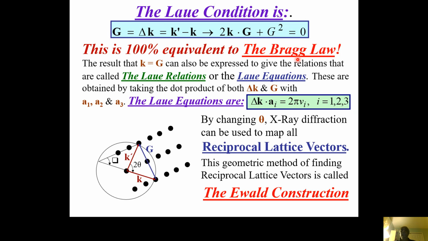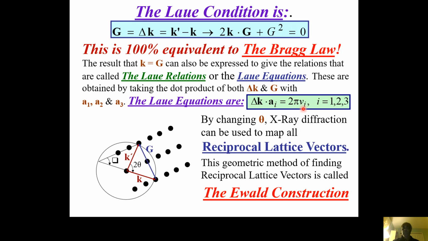This is the same as the Bragg law. Then you can also write delta K times a_i. So delta K is actually G, right? G times any of your real space primitive vectors. When you multiply this one, we know that it is 2 pi times the Kronecker delta we talked about.